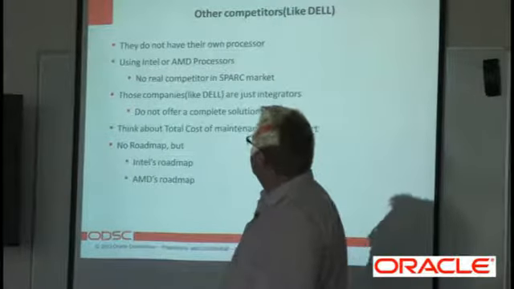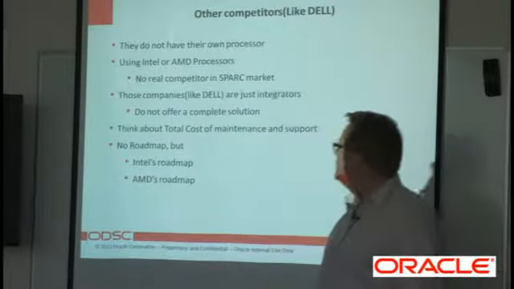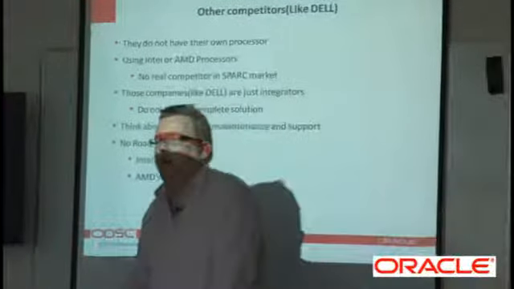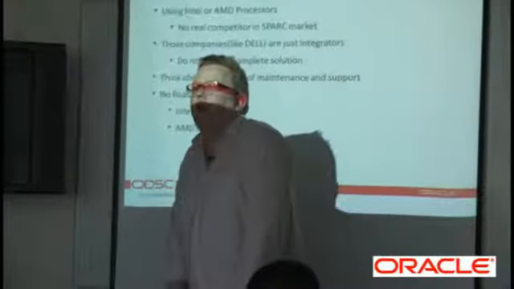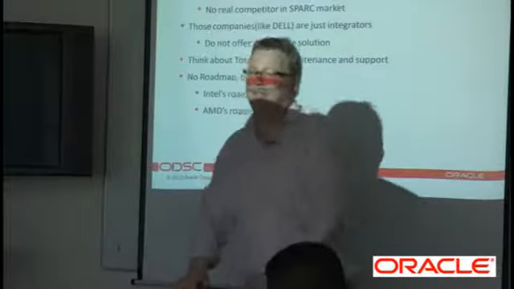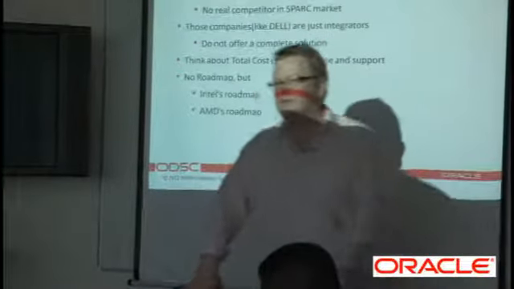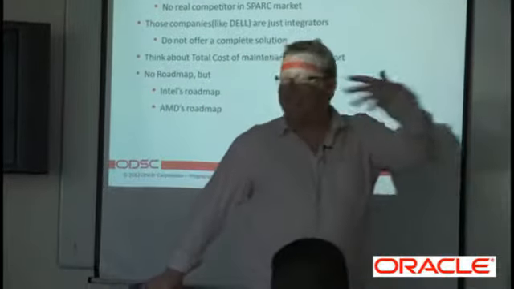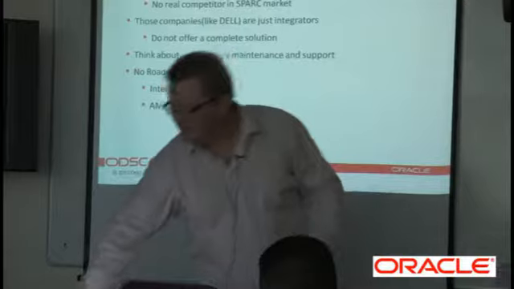They don't offer the complete solution. No roadmap. Basically, they're relying on where Intel are going, and on where AMD are going. Now, obviously, you turn around to us and say, well, that's the same for your x86. Okay, but it's a different discussion. Unfortunately, we are beholden to Intel. So that's some of the discussions you're going to have with our customers.